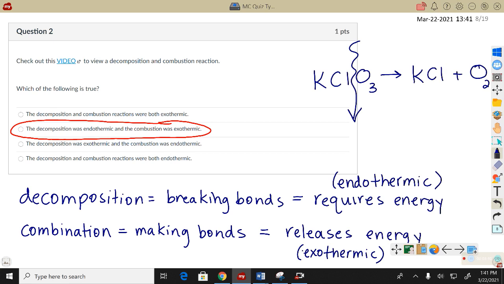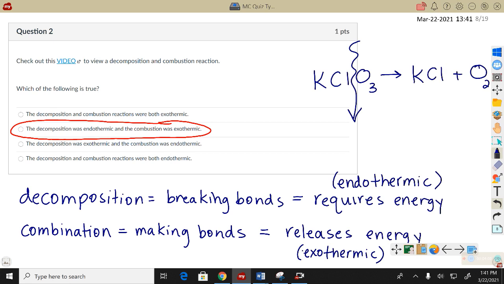Now the opposite would be true of a combination or a synthesis. When I'm forming bonds, energy is released, because that's when electrons are shared or transferred so that I'm obtaining that full outer shell. I'm forming something that's more stable than it was originally. More stable means lower energy. So energy is released when bonds form.